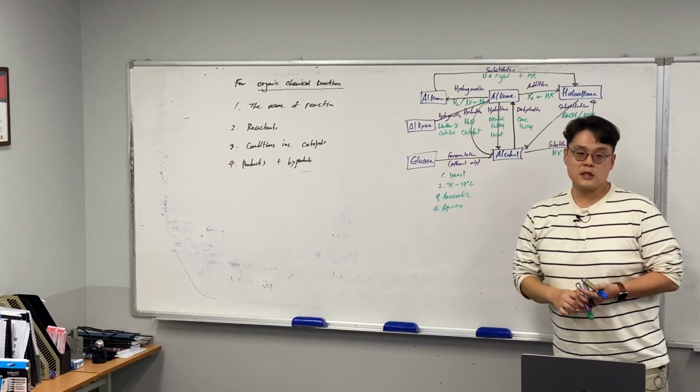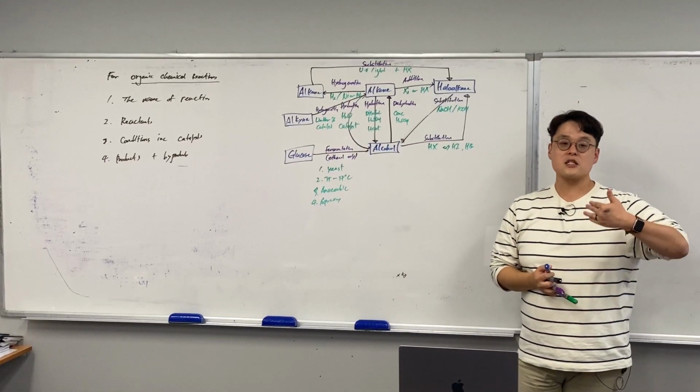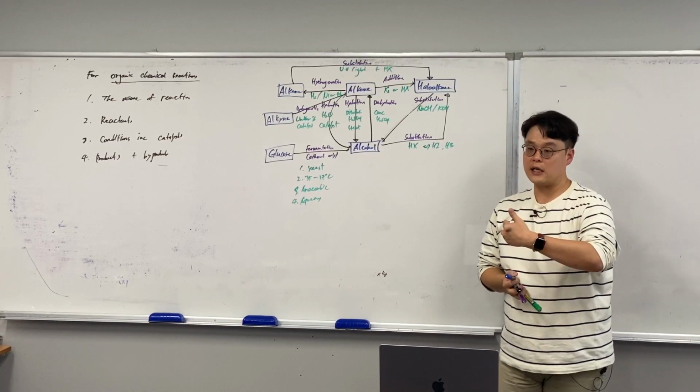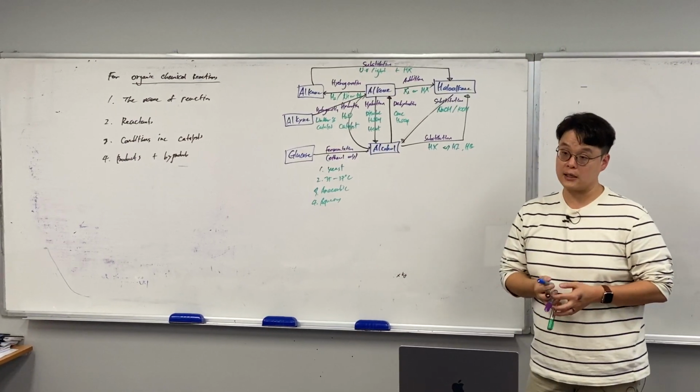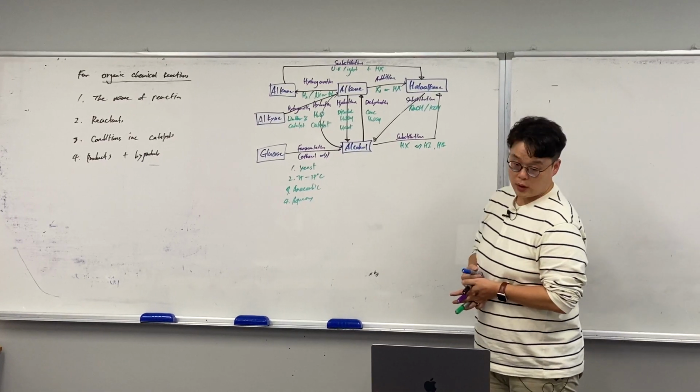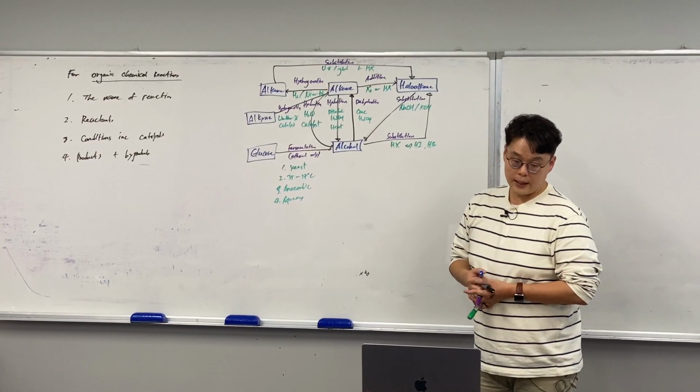In the presence of Lindlar's catalyst, the reaction stops at the alkene, so it stops further reaction from the alkyne to the alkane. That's one of the reactions we learned for the alkynes.